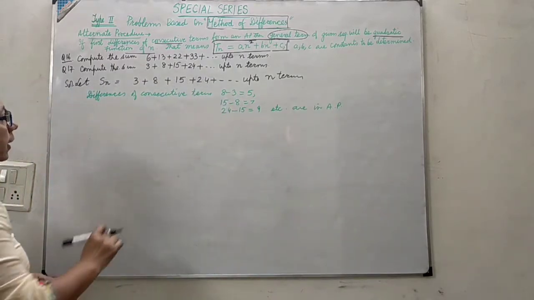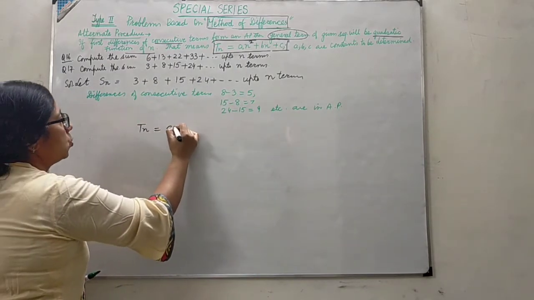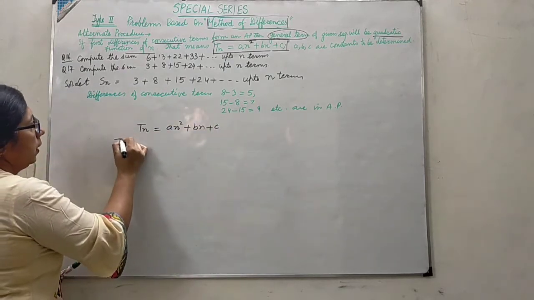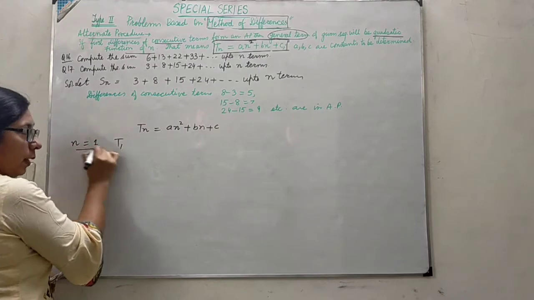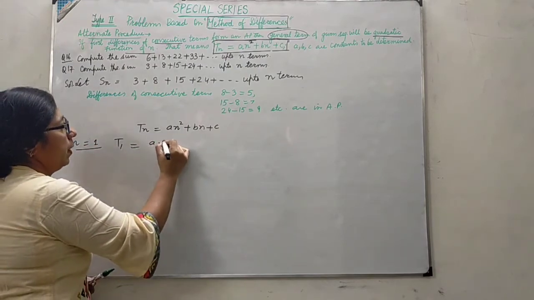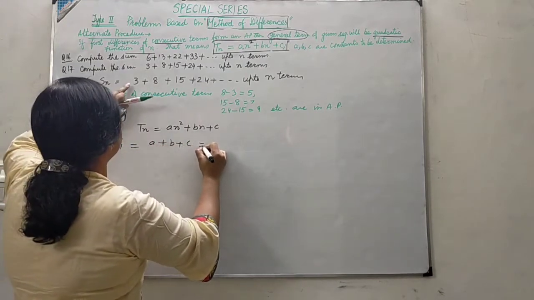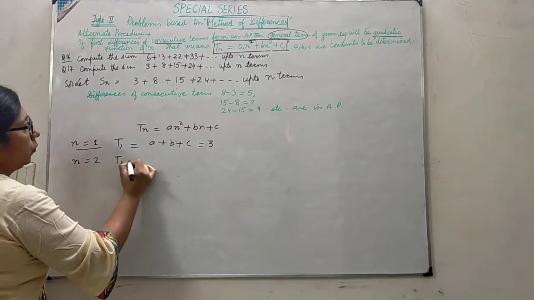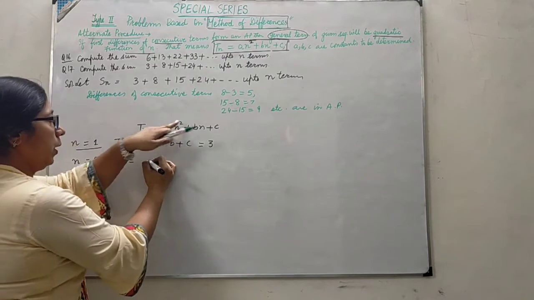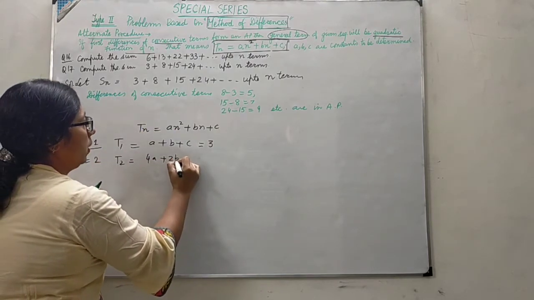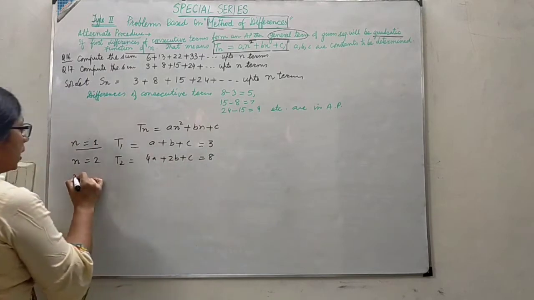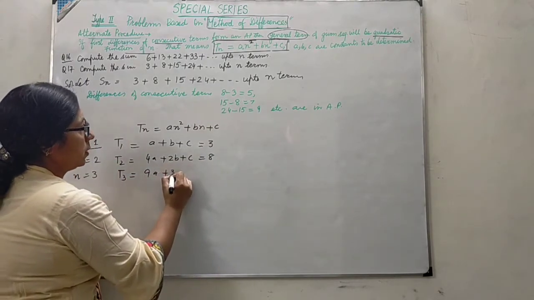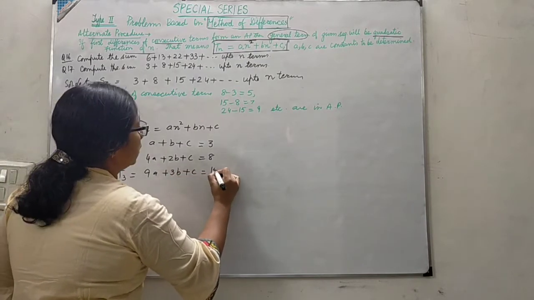Now, I take Tn as an square plus bn plus c. That means T1, if I substitute n as 1, becomes a plus b plus c as the first term, 3. Then n as 2, T2 becomes 4a plus 2b plus c as 8, and n as 3, T3 becomes 9a plus 3b plus c as the third term, 15.